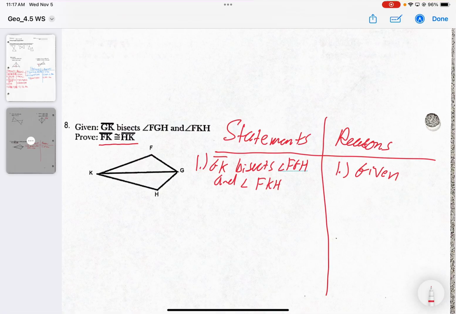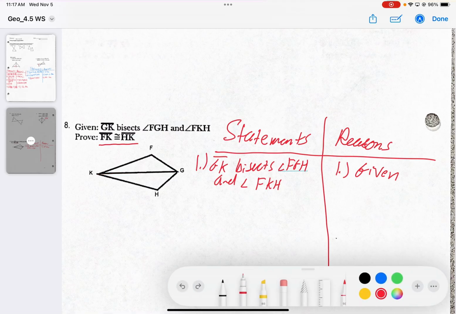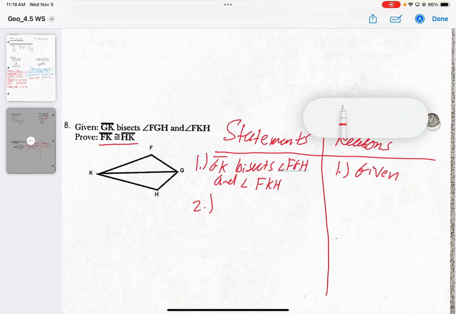So GK, this side in the middle, is cutting each one of the angles it connects to. You guys tell me, if I say angle bisector, yes. So now our job is to figure out what are those equal parts. What am I going to get? If it's an angle bisector, I better get 2 angles that are congruent to each other, right?